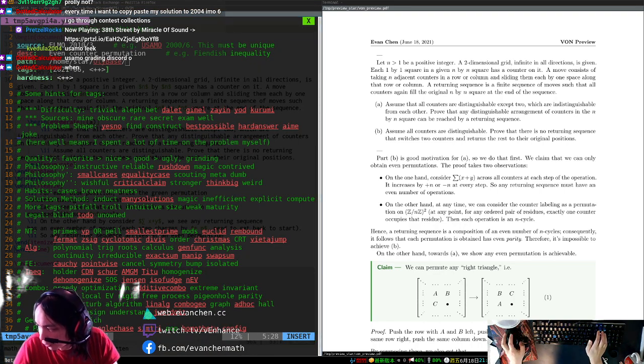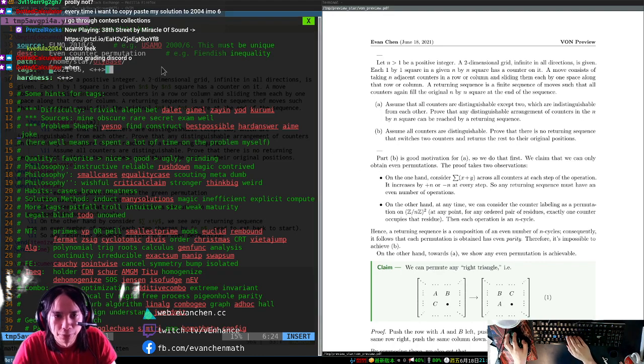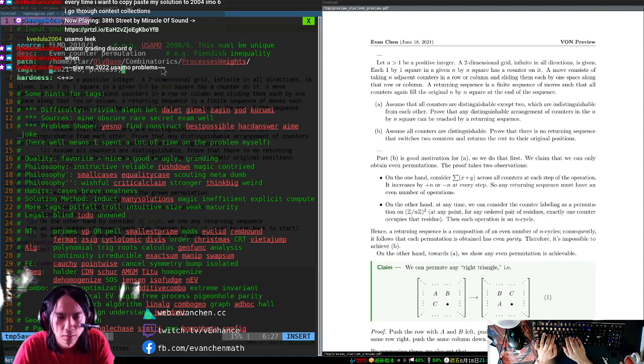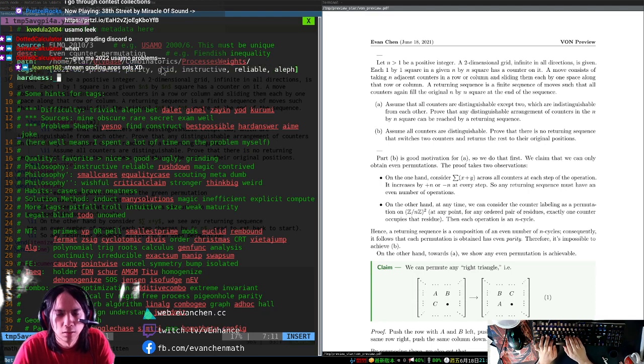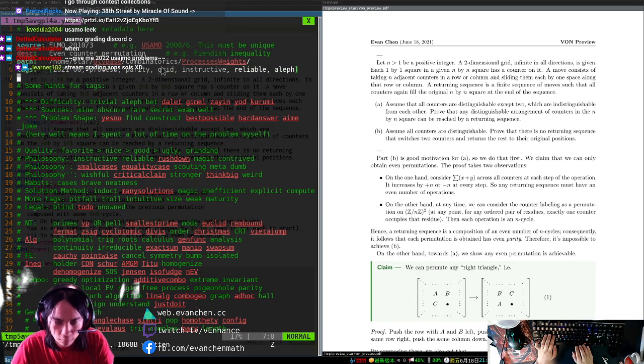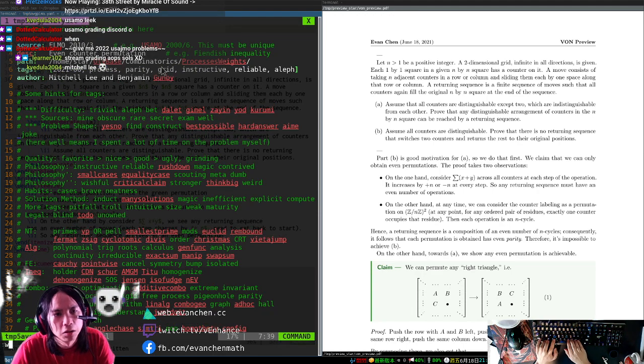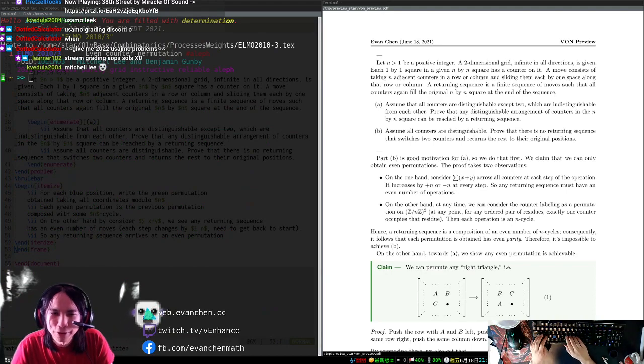Right, I was trying to look up the author. Mitchell Lee and Benjamin Gunby. Process weights. Okay, no one posted a complete solution.